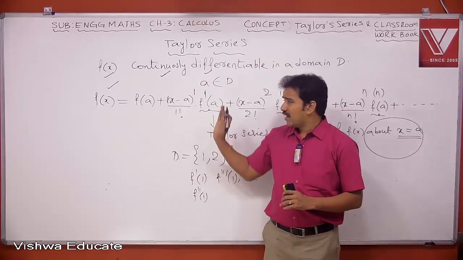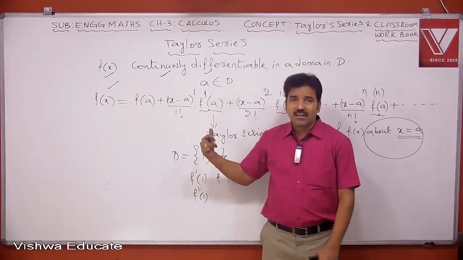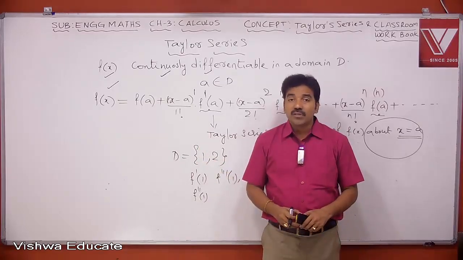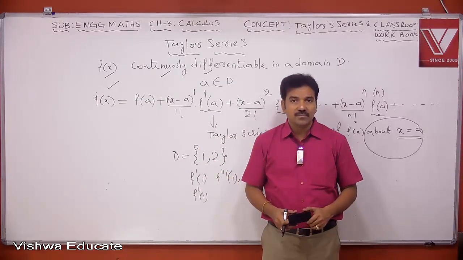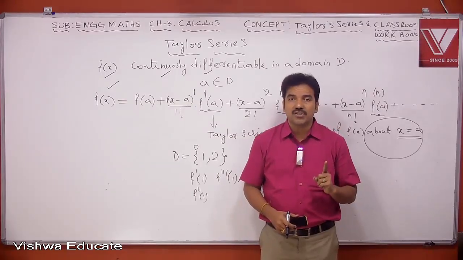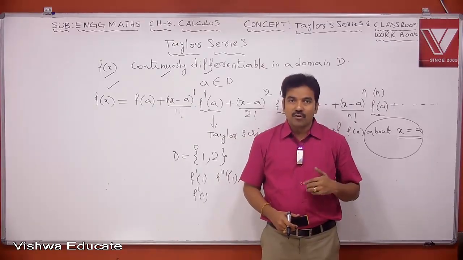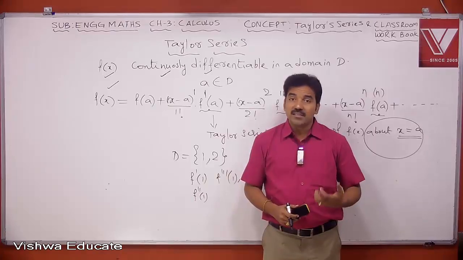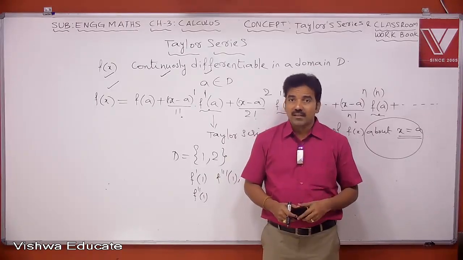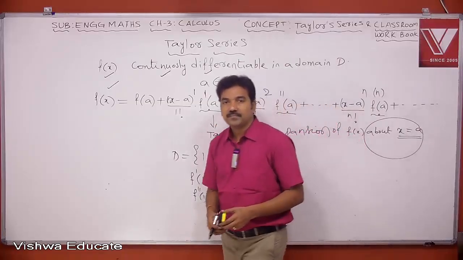But try to understand this. This is called the Taylor series expansion of f of x about x equal to a. Suppose D has 10 values, then one function will have 10 different series expansions over the set D. So whenever I have different elements in D, I can get different series expansions for the same function. Note this point.